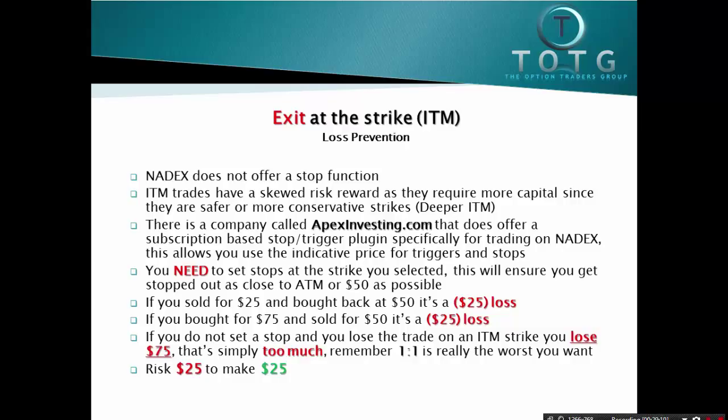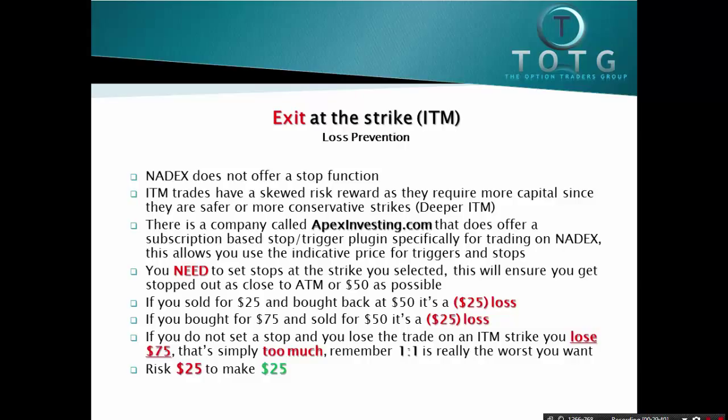So if you sold a strike for $25 and you bought it back at 50, or you got stopped out at your strike, which is $50, it's a $25 loss. And if you bought for 75 and you got stopped out, or sold for 50, you would lose $25. So what you have happening here is you're risking 25 to make 25. See how it brings it to a 1-to-1 now.